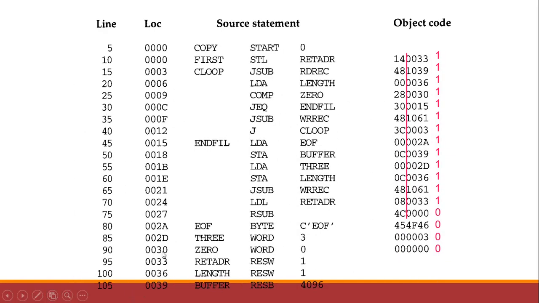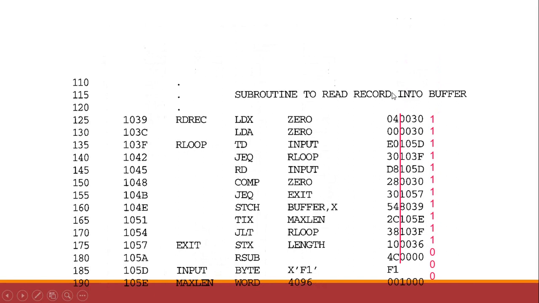Again this is a memory address, so it is absolute, and the relocation bit will be 1. Till here. Then RSUB, no modification is required because the operand field is 0, and this is a constant, no address, and this again is a constant, so modifications are not required.